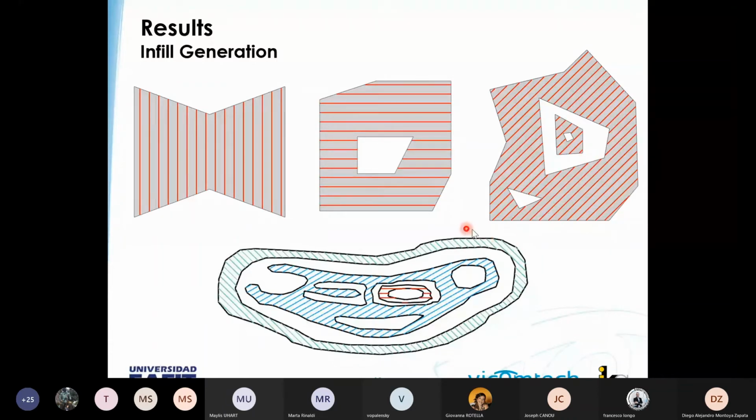And finally here we have a complex one in which you can see that every fill polygon has a different infill pattern. That is, the direction of the infill lines can vary between fill polygons.